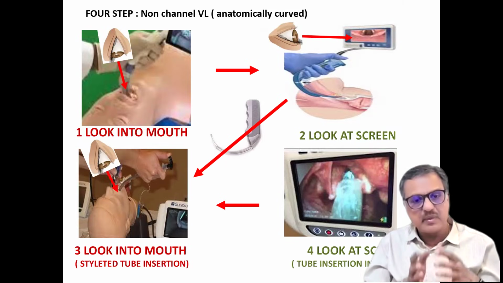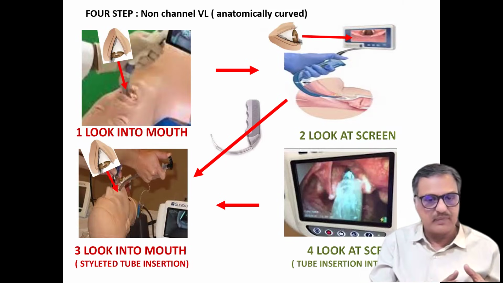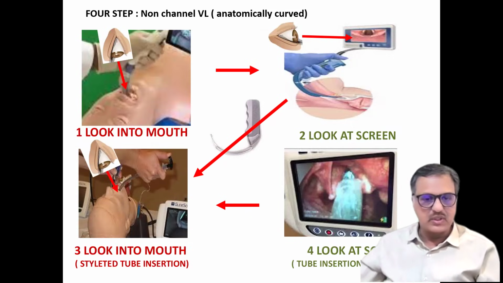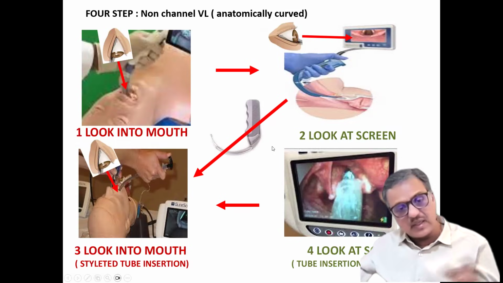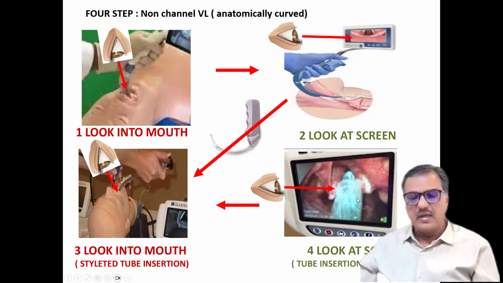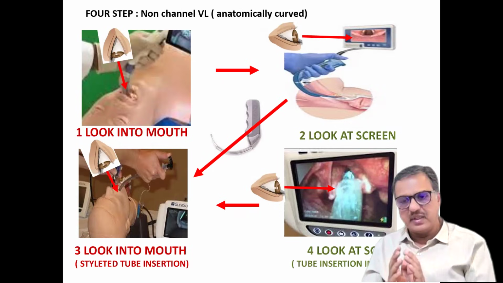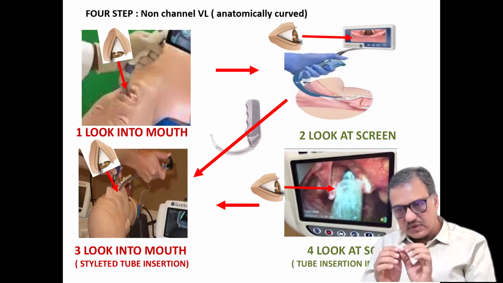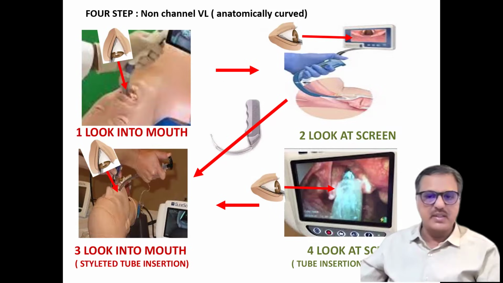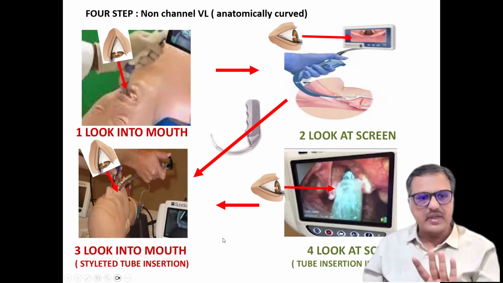This will prevent posterior pharyngeal wall trauma. Then rotate the pre-shaped endotracheal tube towards the larynx. Then again from the mouth, look at the screen, and keeping the stylet at the laryngeal inlet, just advance the tube inside the larynx. So it's a four-step technique.